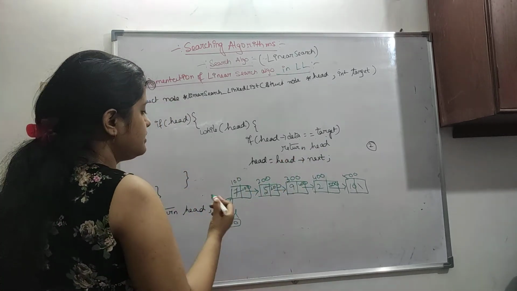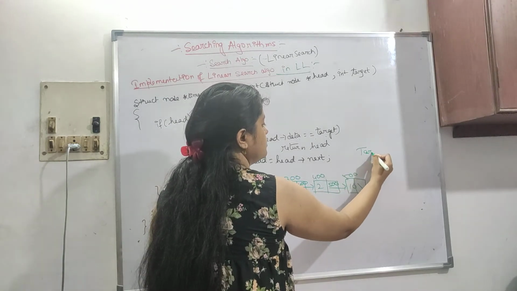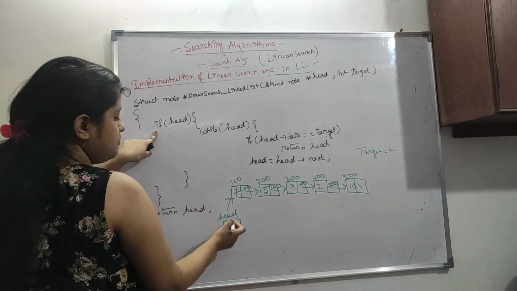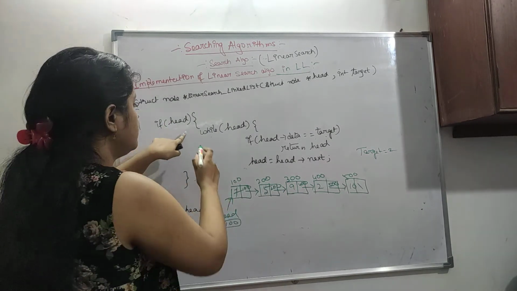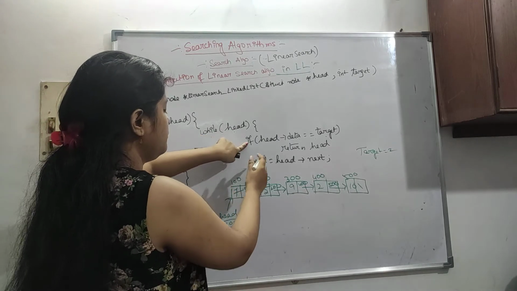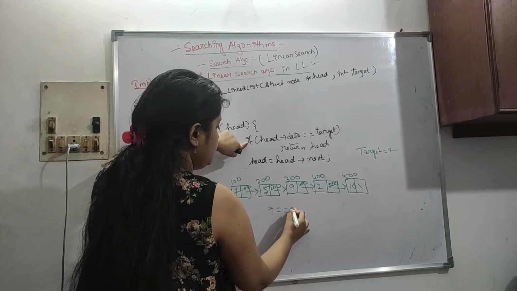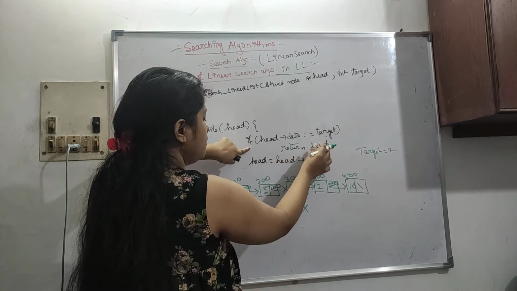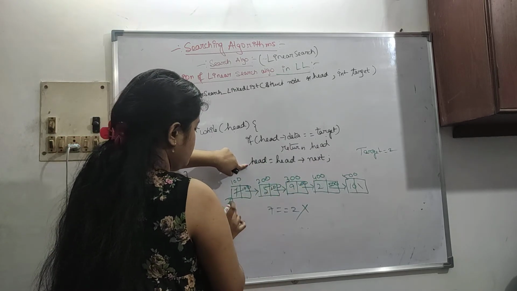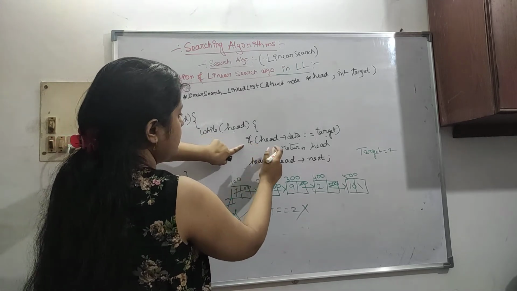Let's say our target element is 2. Head is pointing here, so head is not null and it will go inside. Head arrow data 7 equals 2? It's false, so we don't return; head equals head arrow next, so head now points here.